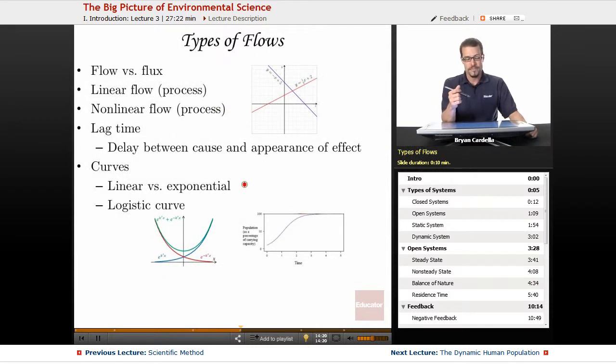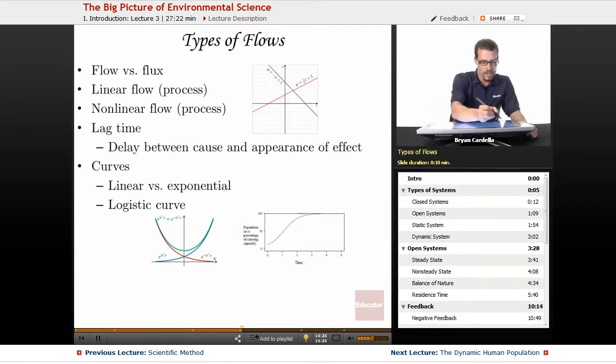Types of flows. So when it comes to flow, flow versus flux, two different things. So flow is actually the amount transferred, and flux is a little bit different.